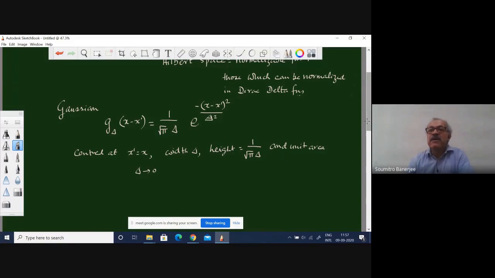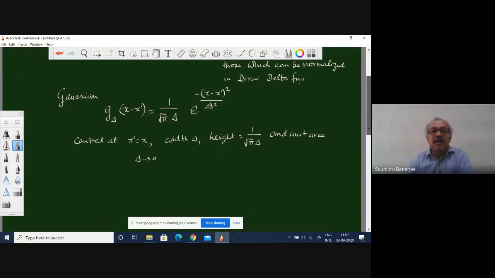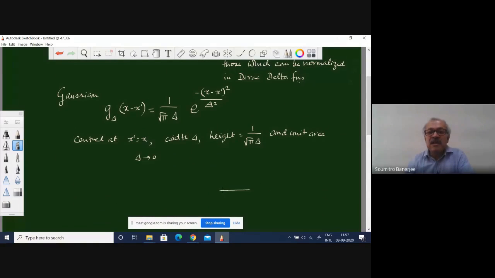So the delta function can be imagined like a Gaussian, slowly becoming narrower and finally becoming a delta function. There are various ways of visualizing a delta function, but essentially the point is it has 0 width, but it has a finite and unity area.